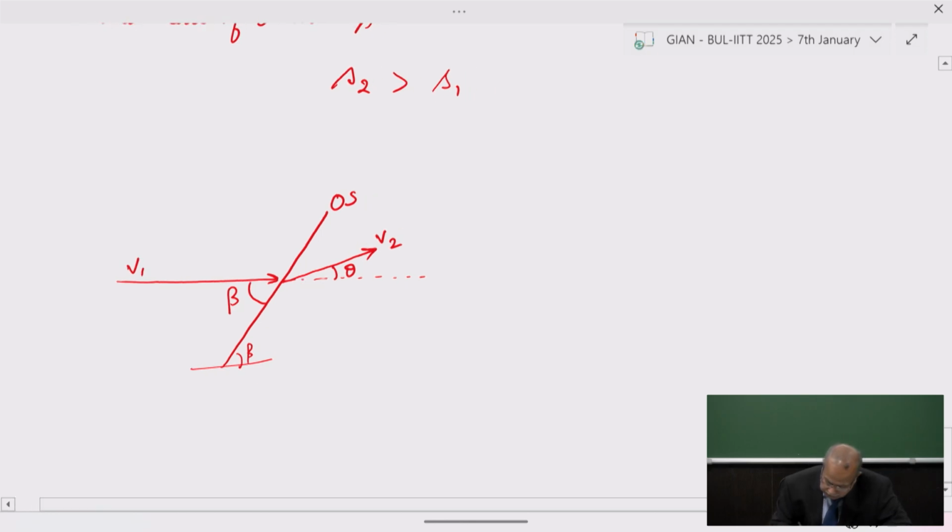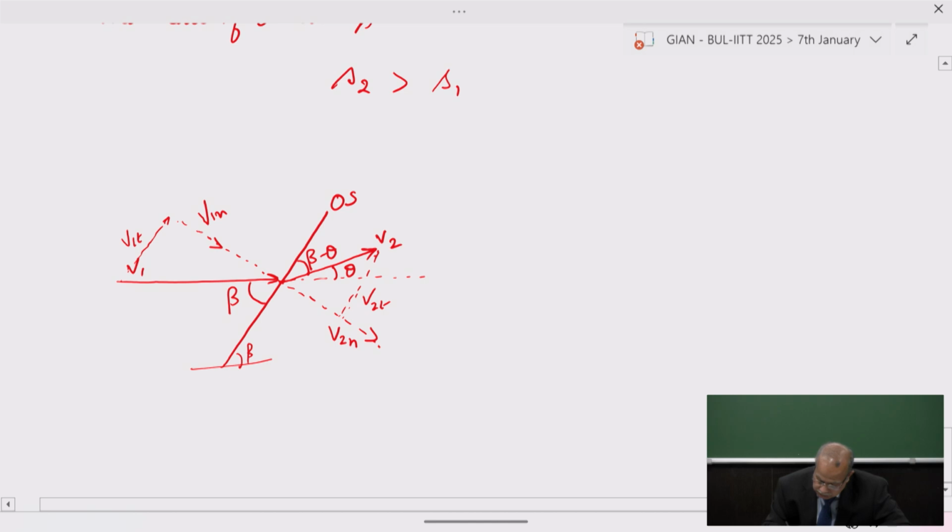The flow itself will be at an inclination of beta minus theta to the oblique shock wave. This flow encountering the oblique shock will have its normal component v1n, and also this normal component at the exit v2n. We also will have this tangential component v1t, and this tangential component v2t.